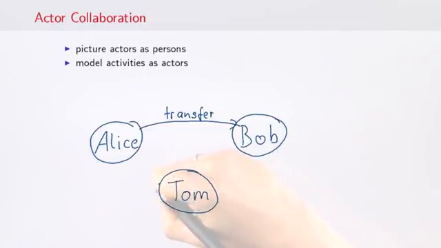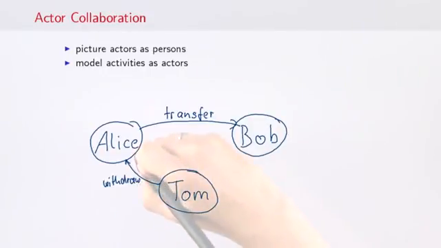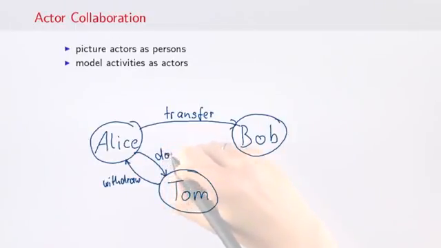Tom will first send a message to Alice to withdraw the money from Alice, and Alice will eventually reply, hopefully with a success. In case of failure, Tom will just abort the transaction.